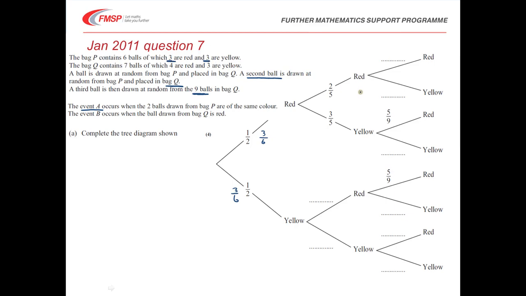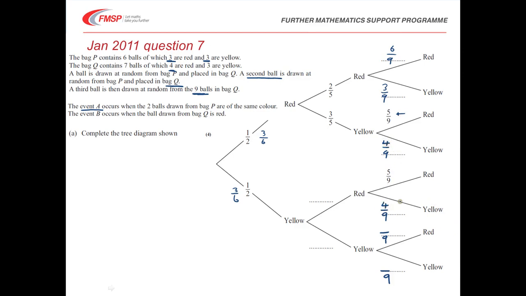But now I have 2 extra red balls in bag Q. So that tells me instead of 4 red balls, I actually have 6. So that's 6/9 and 3/9. In fact, we know they're all out of 9, so might as well do that to start off with. Okay, if we just work our way around, this is 5/9, so this must be 4/9.